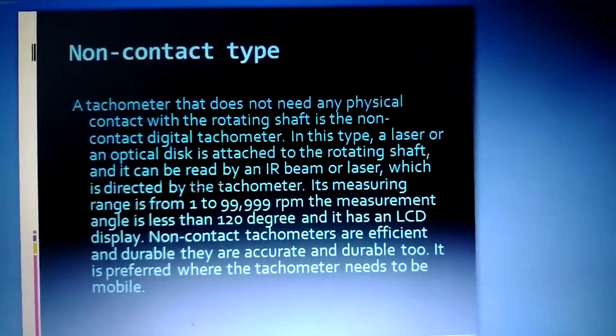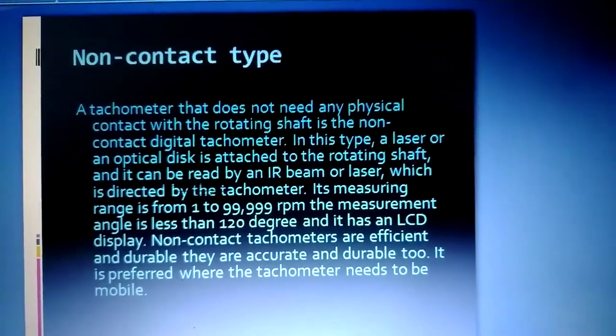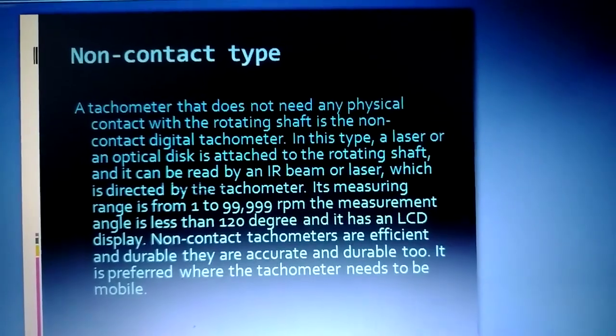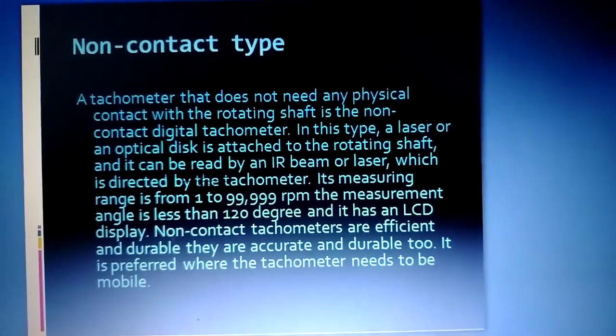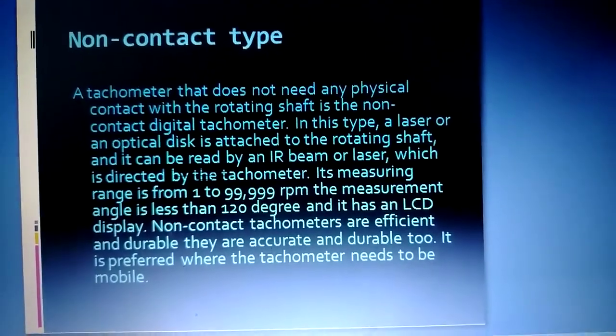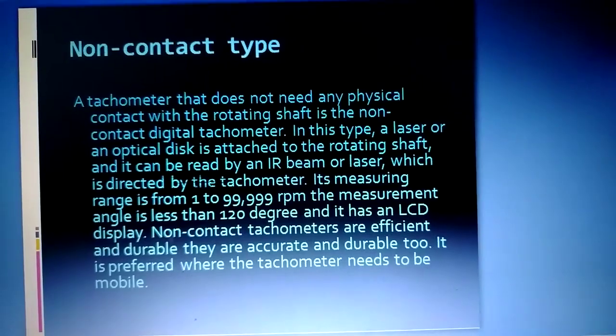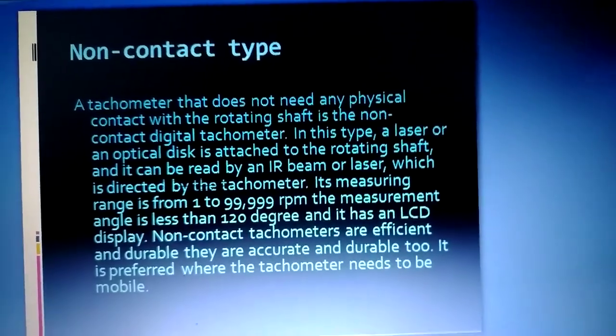A non-contact digital tachometer does not need any physical contact with the rotating shaft. In this type, a laser optical disc is attached to the rotating shaft and is read by an IR beam or laser beam directed by the tachometer.